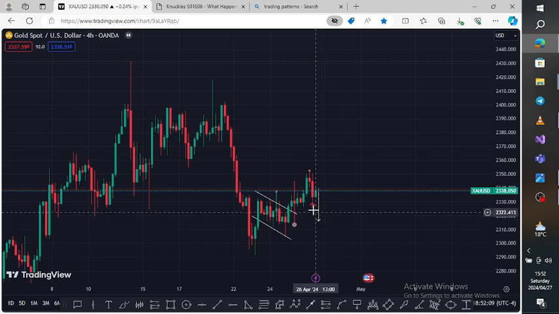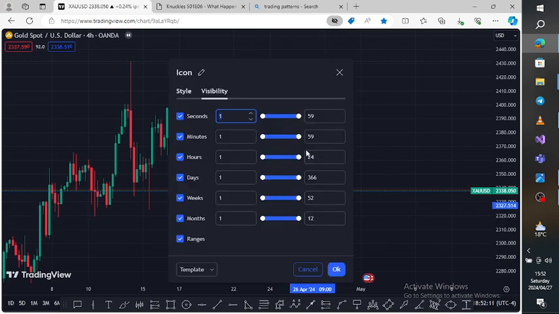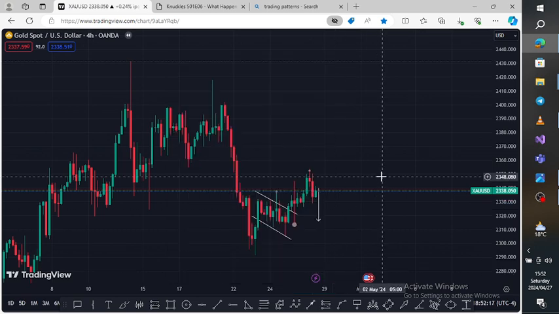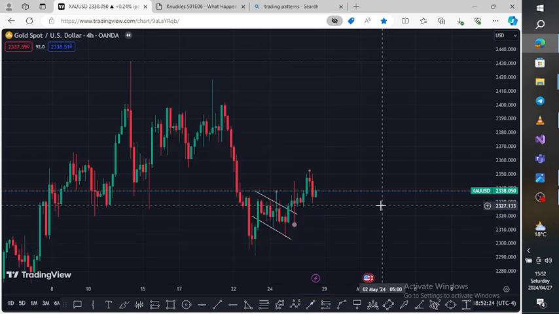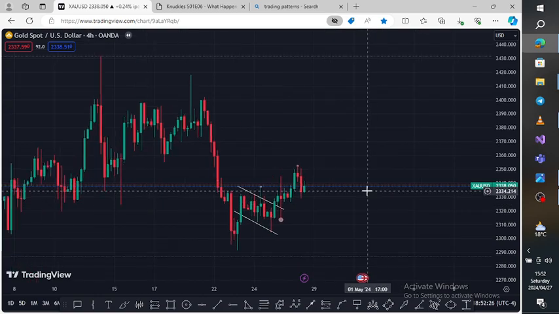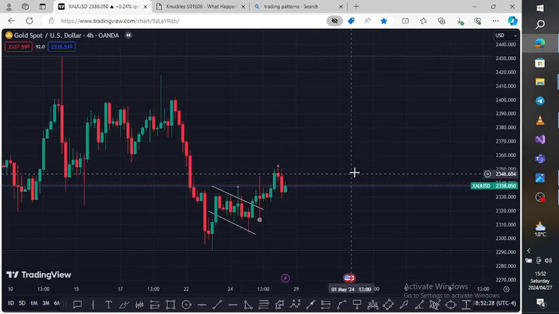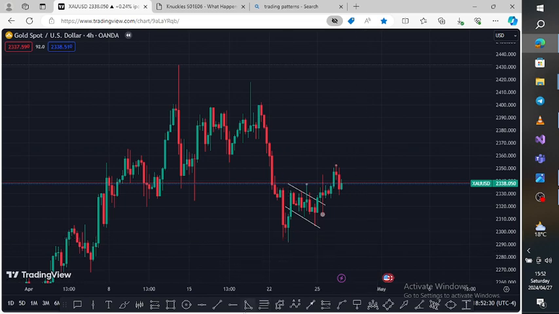So what I want you to see here is 3 hours, also this one 3 hours, right? So what I want you to understand is that from this bullish flag, what I did as well was to also use Fibonacci retracements, understand?